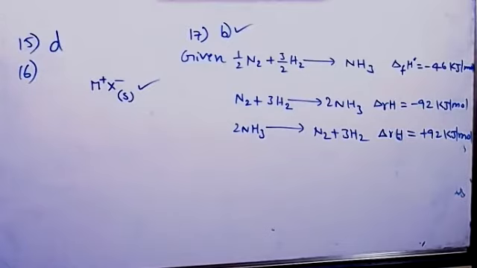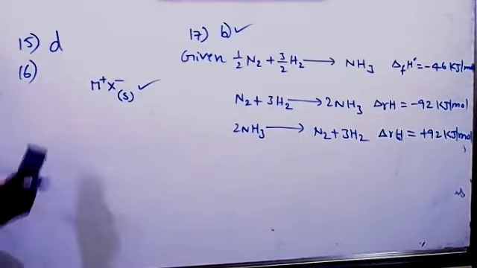This is also almost the same kind of question. 18. Okay, enthalpy is given. We have to calculate entropy. But the same way, we need to reverse the reaction also. 18.